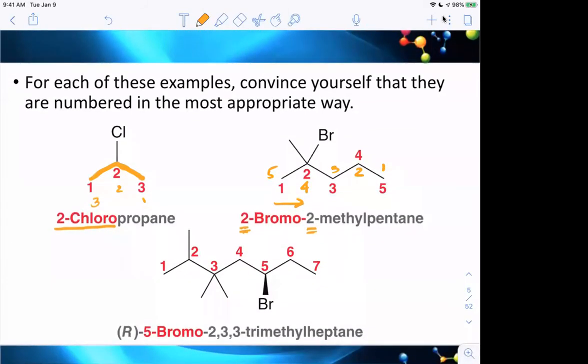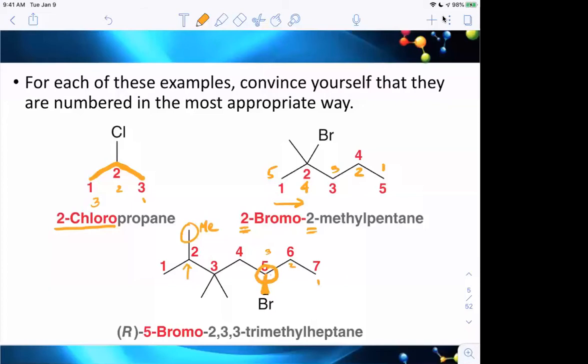And then here, I have stereochemistry indicated here, right? If I were to go ahead and number in the other direction, that stereocenter would be on carbon 3, but I'm encountering this methyl group on carbon 2 in the other direction. So that's the way I number to give the first encountered substituent, which would be this methyl group, the lowest number. Now, because this is indicated as bold, that is referring to a specific stereoisomer.